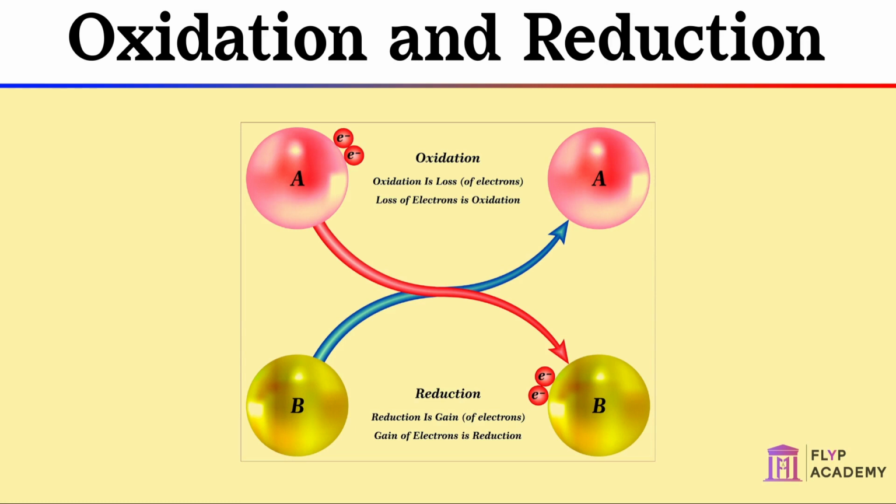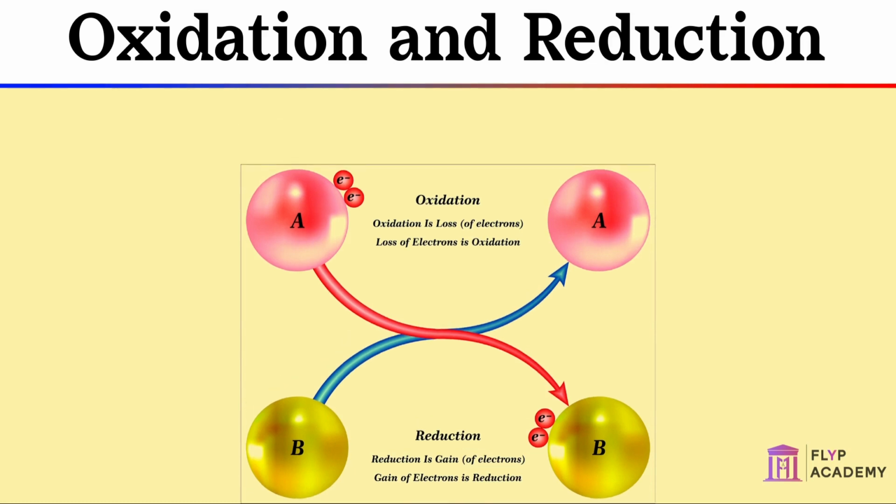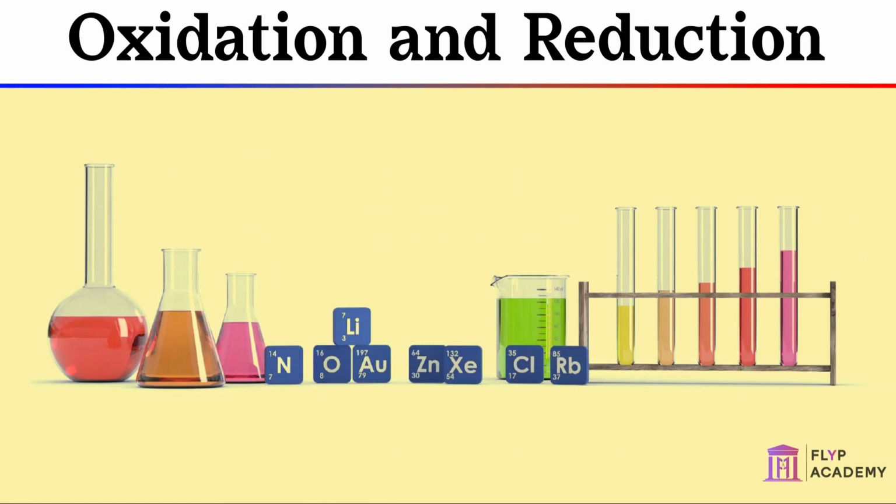These two processes always happen together. Those substances that can be oxidized act as reducing agents, as they make another substance reduced, and those ones that can be reduced are oxidizing agents, as they make another substance oxidized.